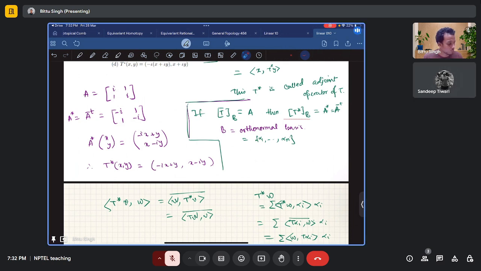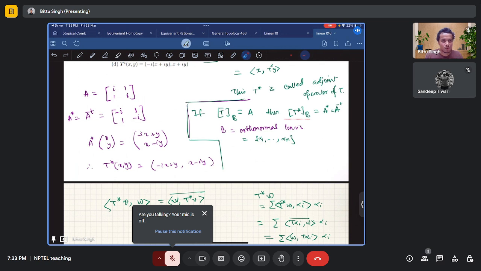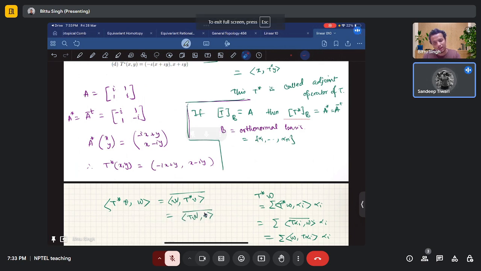The question remains to find T star applied on W, where W is any element. Alpha 1 up to alpha n is also given, an orthonormal basis. So if we are given T, then we can find T star by this procedure.